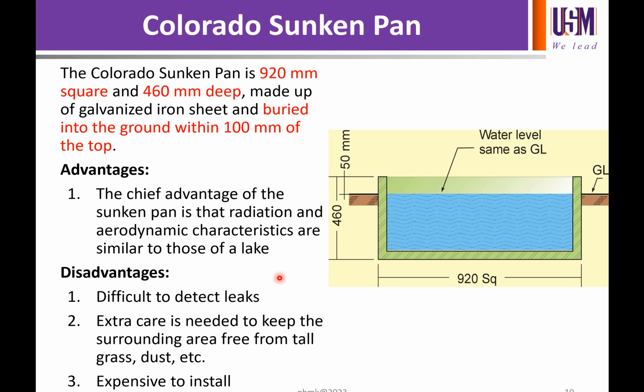The disadvantages, because it's sunken, are that it is more difficult to detect leaks and more expensive to install. You also need extra care so that the surrounding area is free from tall grass, dust, and so on, so that it still represents how a lake behaves.